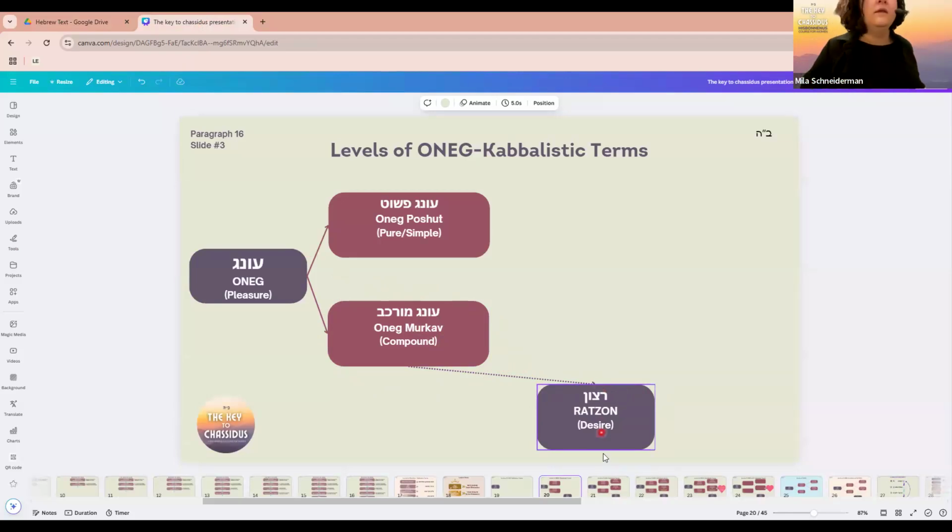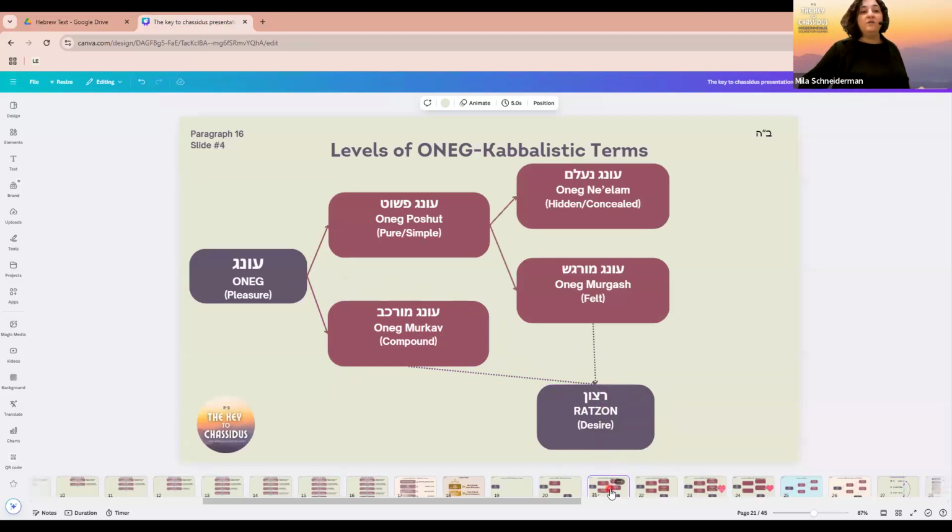Now, we just mentioned that this oneg pashut, the simple oneg, also divides into two. One is oneg ne'elam, a hidden oneg, and therefore it's not murgash. The other one is oneg murgash.